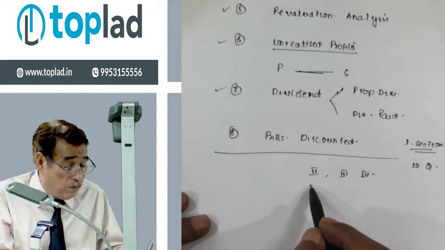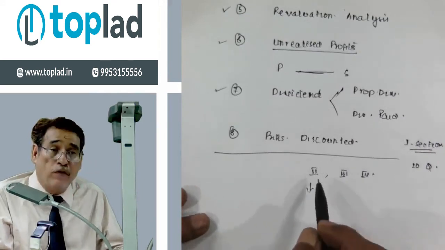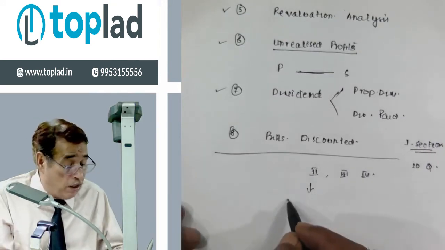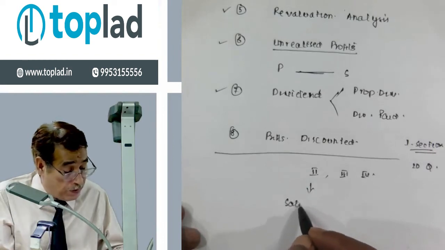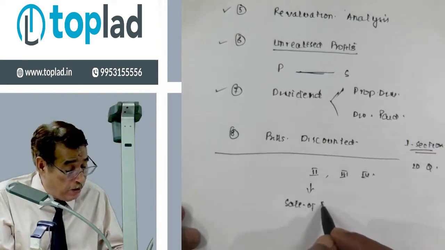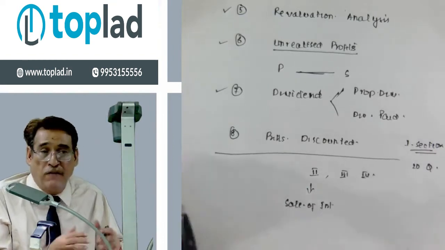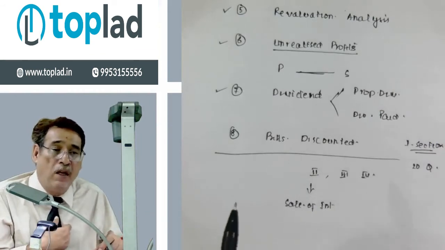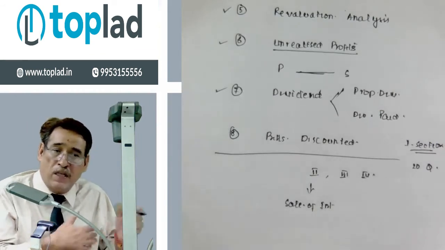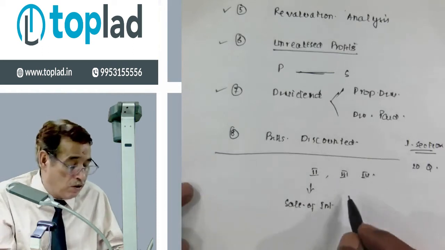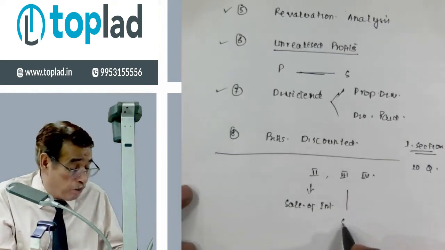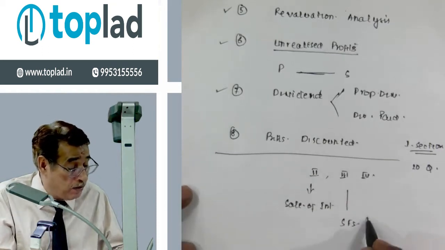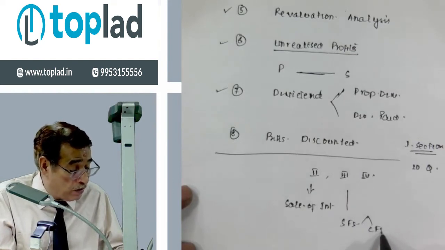Similarly, there will be some tougher problems with respect to sale of interest. Sometimes, let us say Parent Limited has acquired 70% stake in a particular company and decides to sell 10% of the stake. Then how to deal with such issues? Sometimes we may have to prepare separate financial statements and consolidated financial statements.